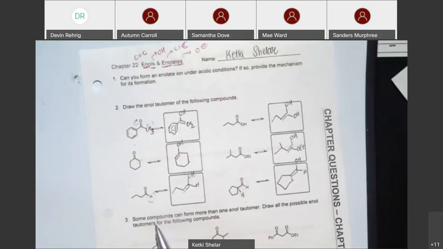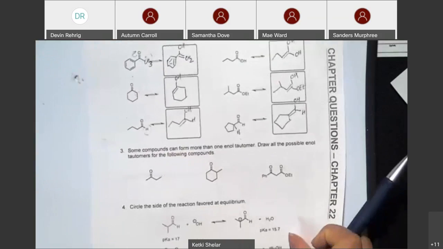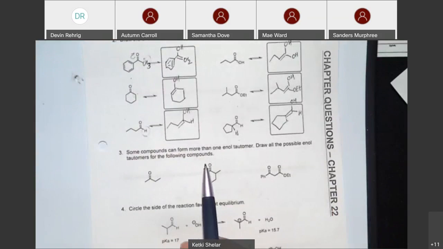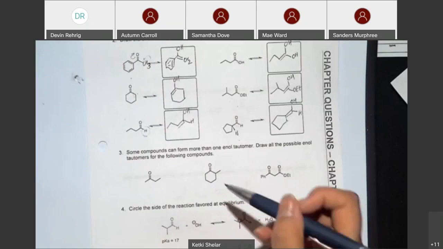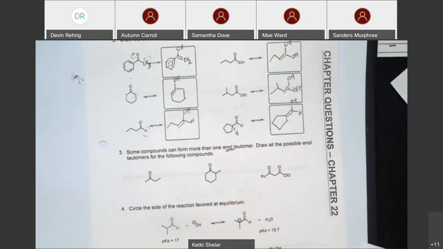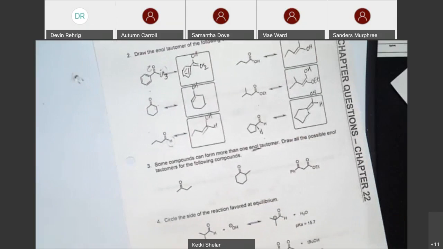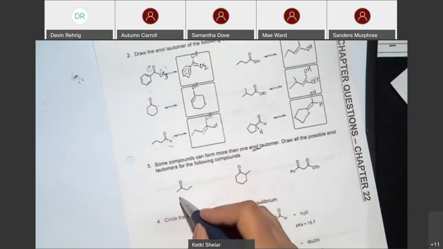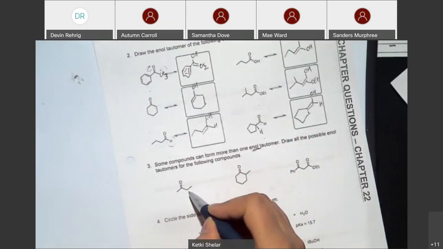Here they say some compounds can form more than one enol tautomer. Draw all the possible enol tautomers for the following compounds. These structures may have one or more than one. They are saying enol, so we will draw the enol, okay? Here you can see that there is carbon this side, there is carbon that side.